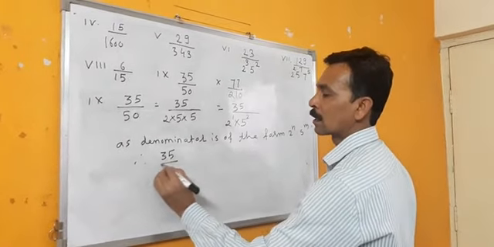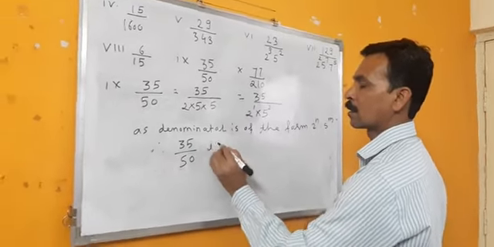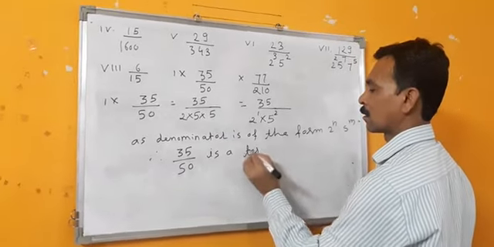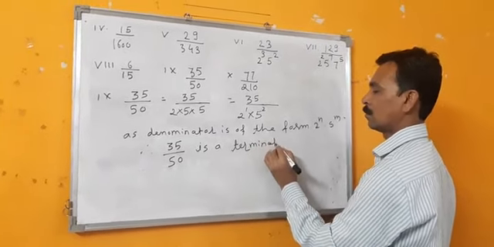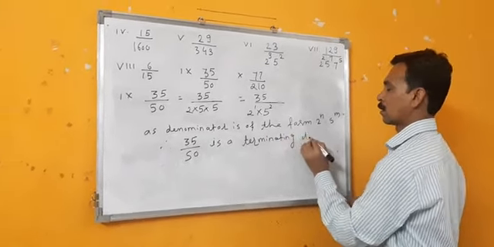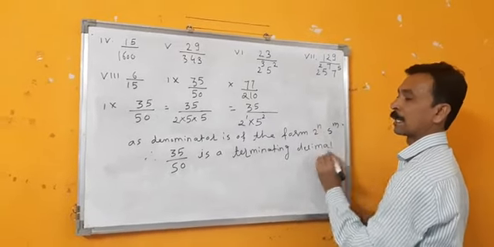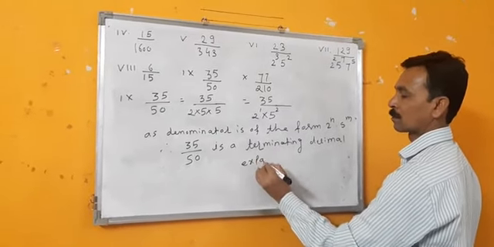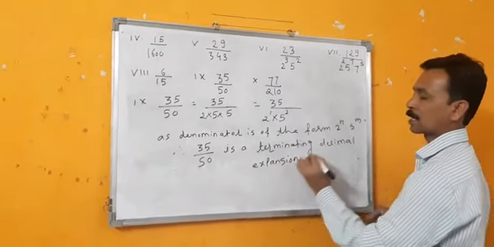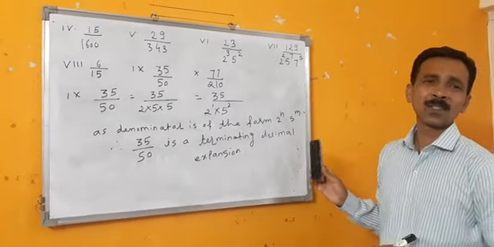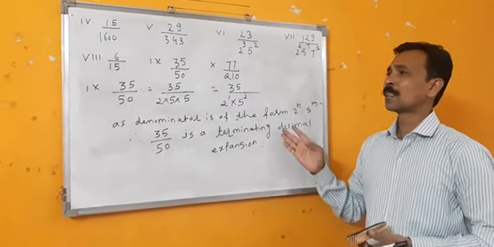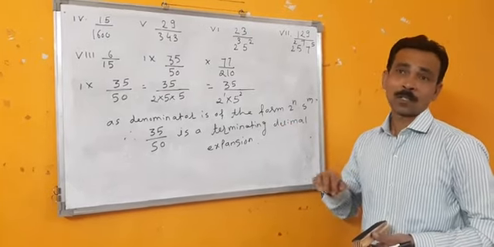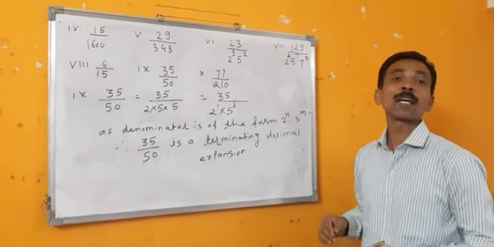Therefore, 35 upon 50 is a terminating decimal expansion. It is very easy, okay? If it is asked, they may ask you in section B or even in section A in terms of MCQs.